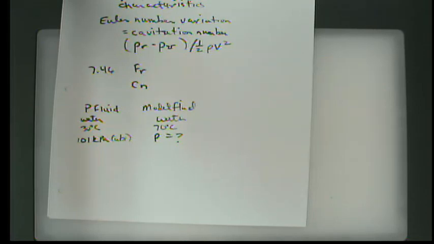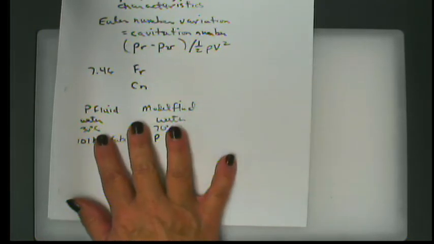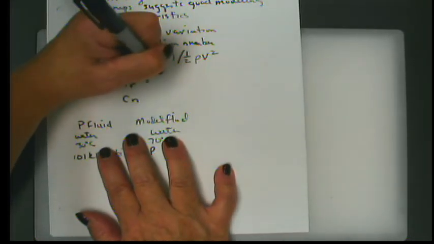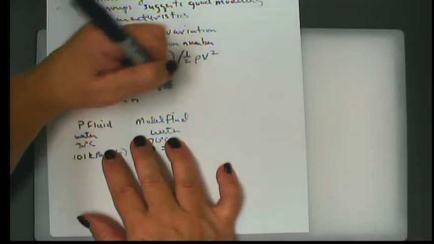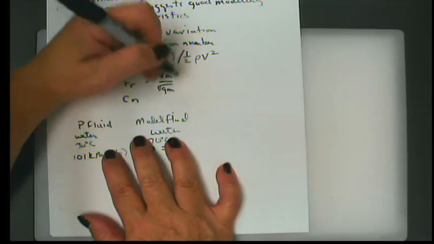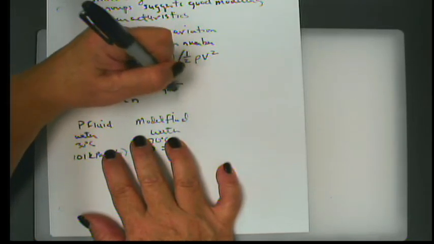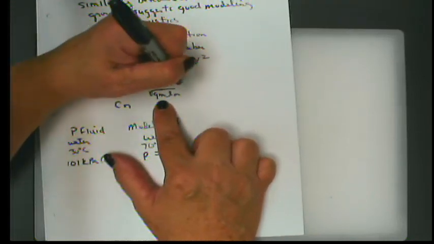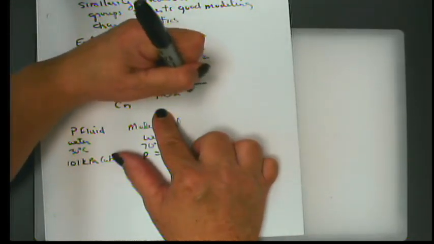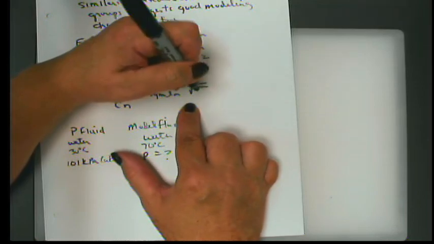We want to know what the pressure is going to have to be. All right, so first of all, what is the Froude number? The Froude number is, from our table, V_m, well, this is for the model, divided by the square root of g_m times L_m. And to maintain similarity, what that really means is that those have to be the same for prototype and model.